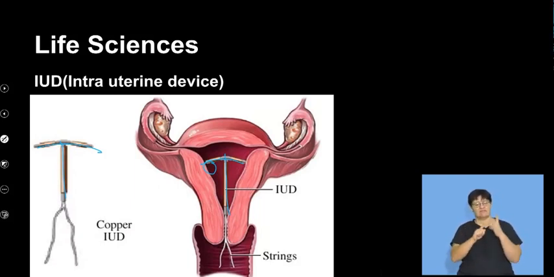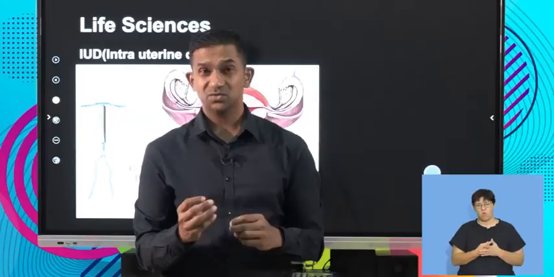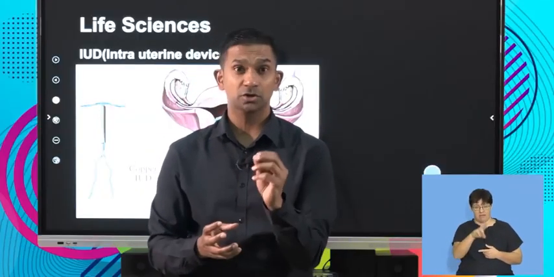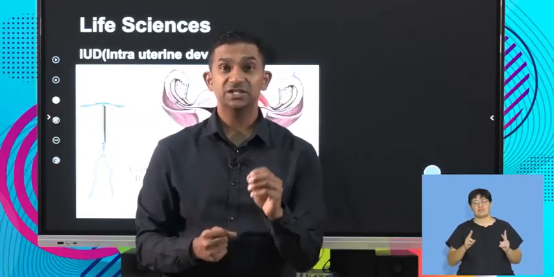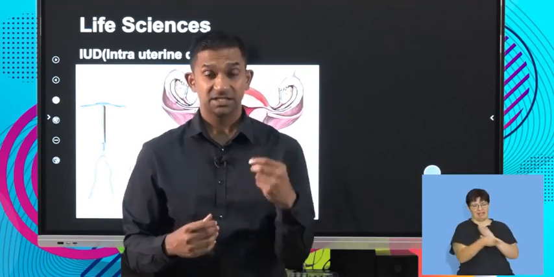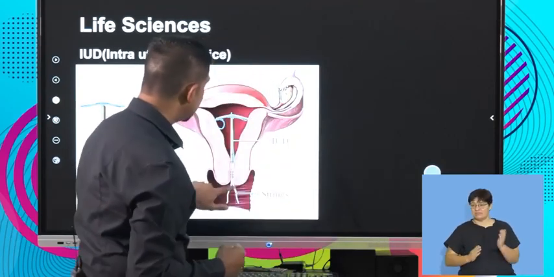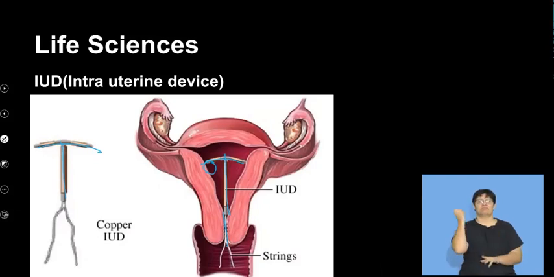IUDs can contain a combination of hormones or be made of a metal called copper. Copper is a natural spermicide that kills sperm. So when the sperm enter, they are going to be destroyed by the copper, but IUDs can also contain a hormone that is released gradually and prevents implantation and further ovulation.